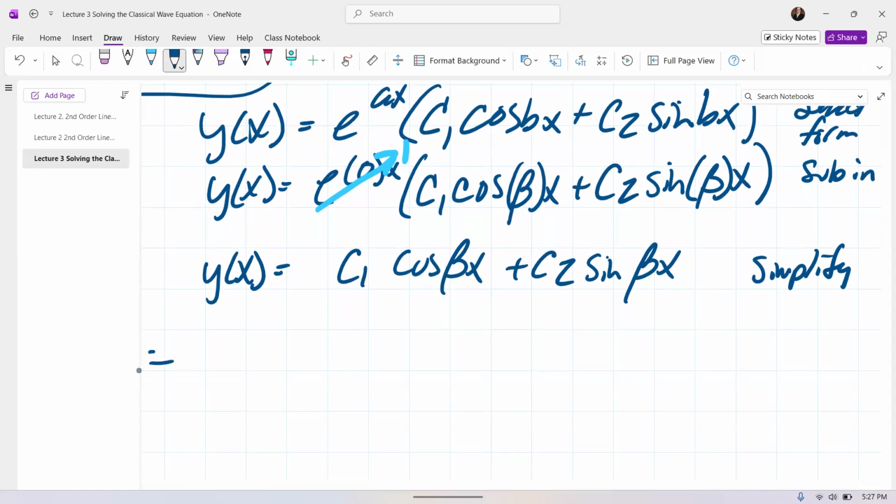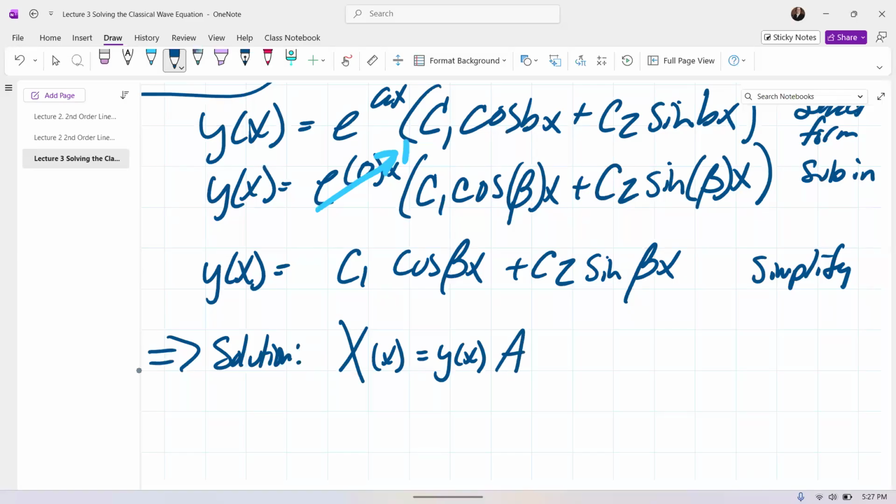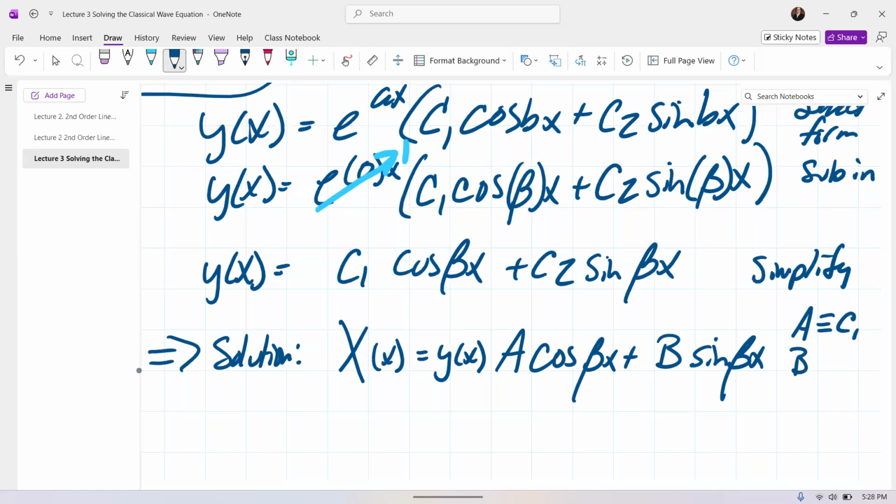So our solution then is that the function x of x is equal to the y of x, right? Because we just switched the name. And now we could use more generic names. So I'm just going to change the name of my constant to a cosine beta x plus b sine beta x, where a is, so the triple equal sign means defined, and b is defined as c2.